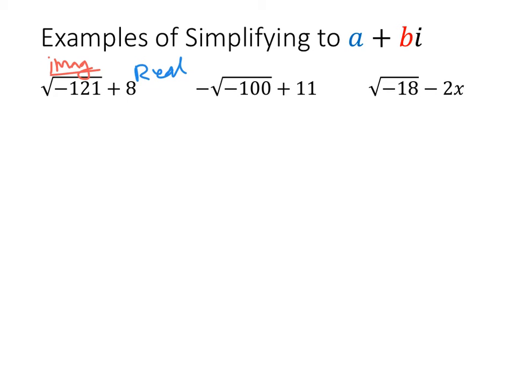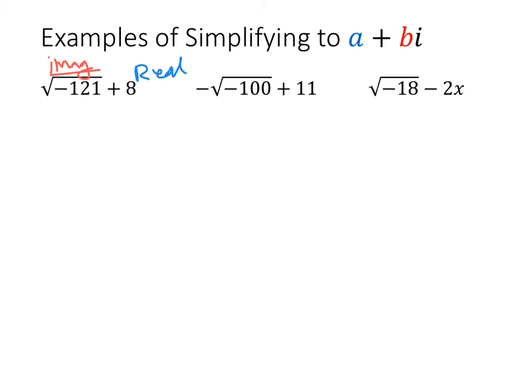And we can go and look at those and we can kind of identify those. Now what we have to do from here is we just have to simplify each individual piece. So we're going to simplify the imaginary part, we're going to simplify the real part. We can add multiple real parts together. We can add multiple imaginary parts together, but we just can't add them across from each other. So we can't add imaginary and real.